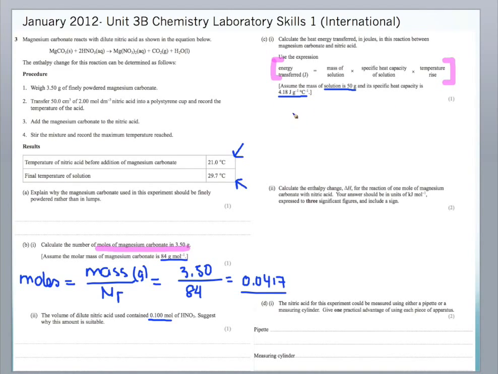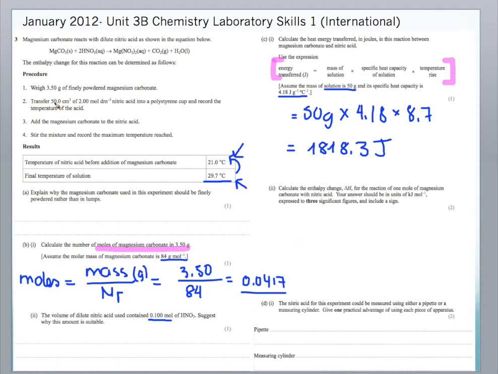So 50 grams times 4.18 times the temperature rise. To get the temperature rise, we subtract the initial temperature from the final temperature, and this comes out as 8.7 degrees. When we multiply all of those numbers we get 1818.3 joules. So that's quite a simple one.